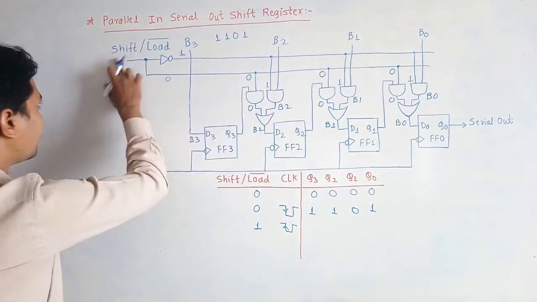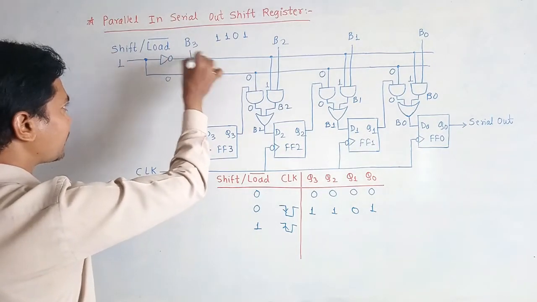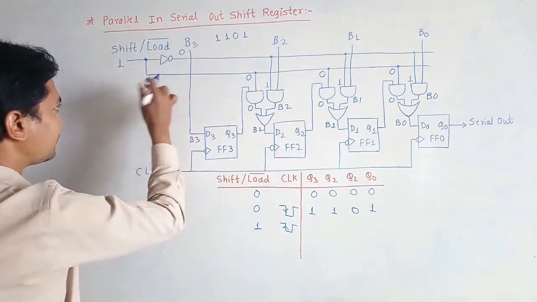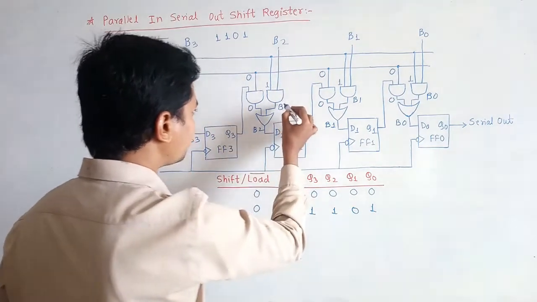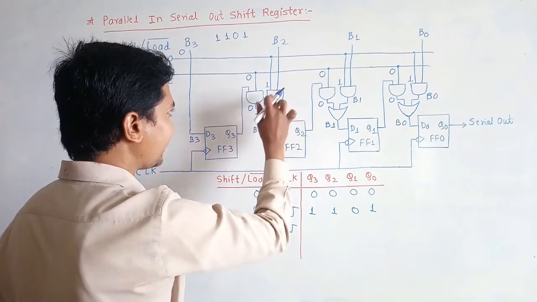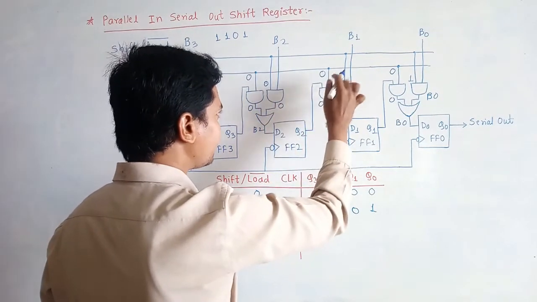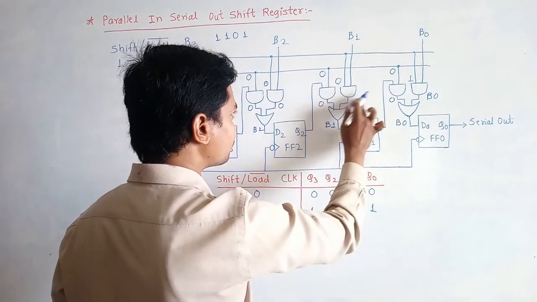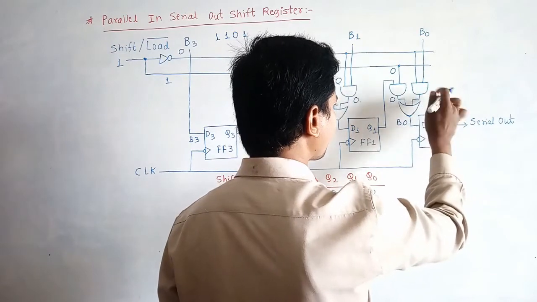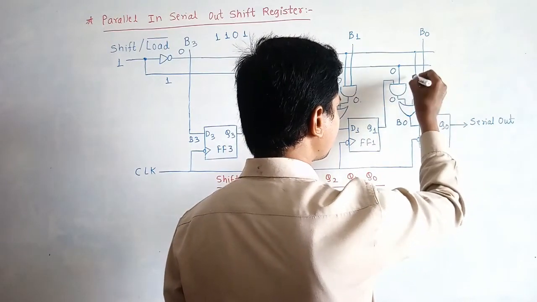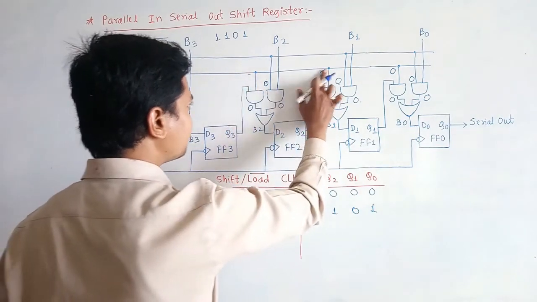So due to this, the upper line will become 0 and the lower line will become 1. Due to this 0, the output of each second AND gate will be 0. Here will also be 0. And due to this 1, here will be 1.